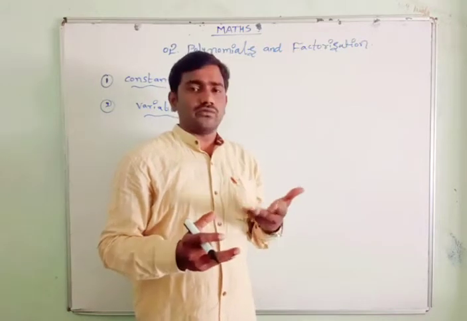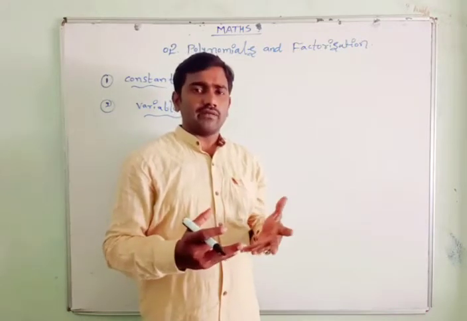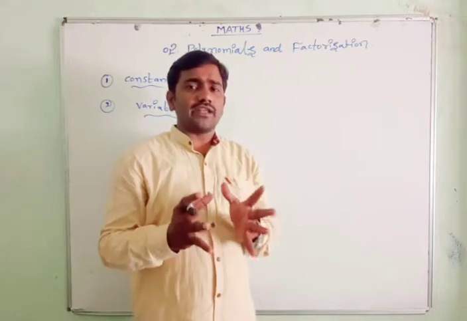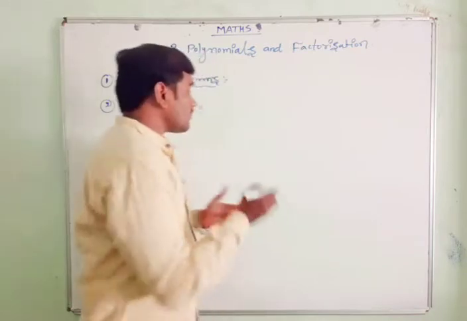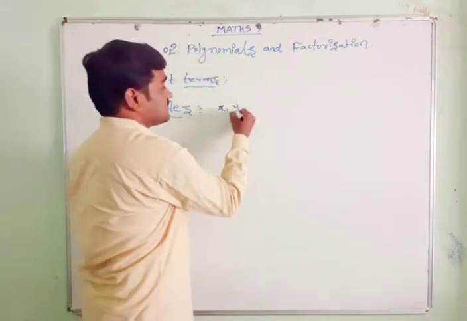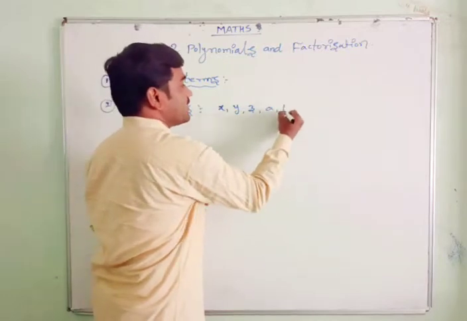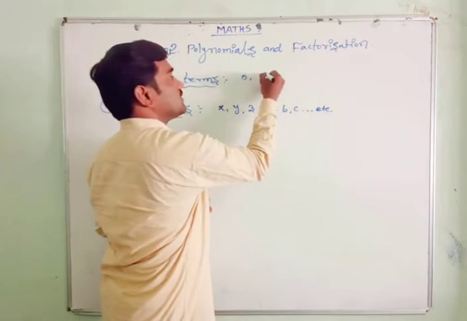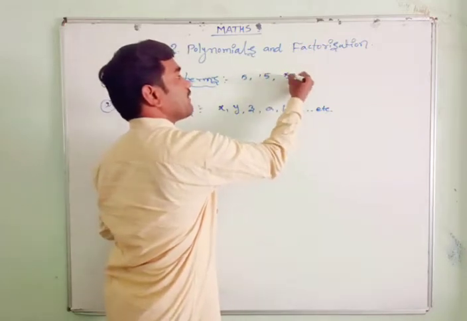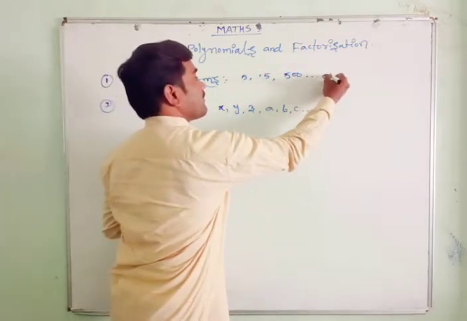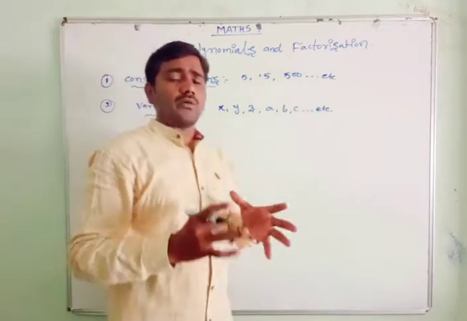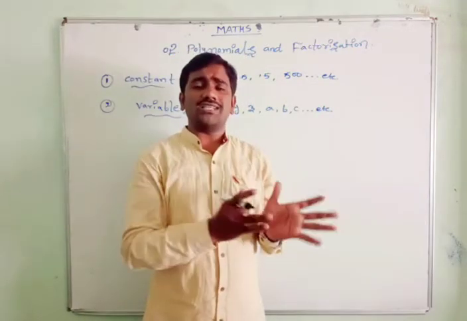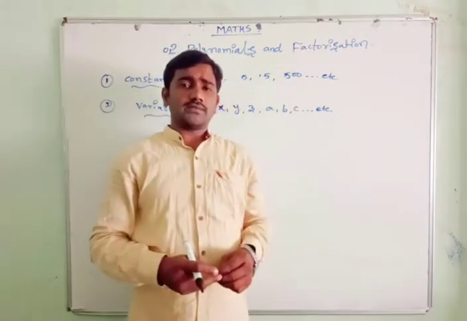A variable is always denoted by lowercase alphabets x, y, z, a, b, c, and so on. I hope that you got an idea about constants and variables.